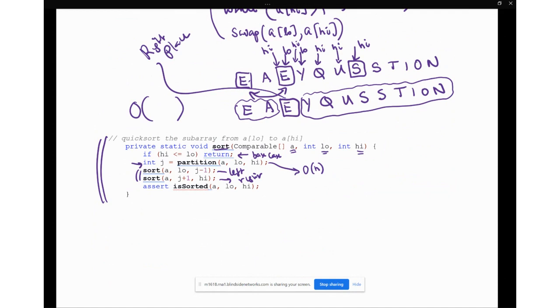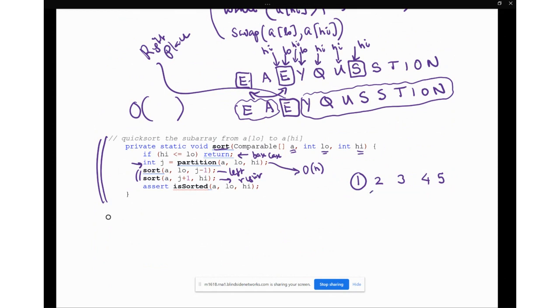How is that possible? What data set, what pivot will give you the worst case performance? Yes, so the worst case performance is this: suppose you're trying to sort an array, and we always pick the minimum.